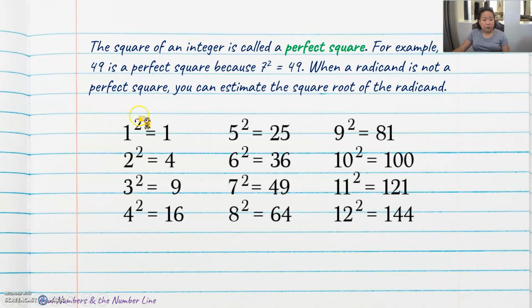So here, I took the liberty of giving you all the perfect squares from the numbers 1 up to 12. And you can continue doing this. I would suggest that you put the perfect square values of the numbers 13 up to 20 on the back of your guided notes. This is going to be very helpful for you.